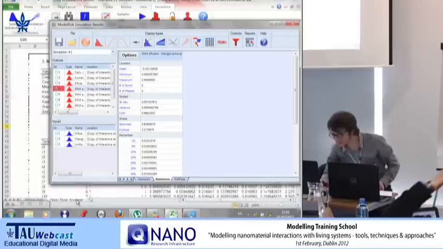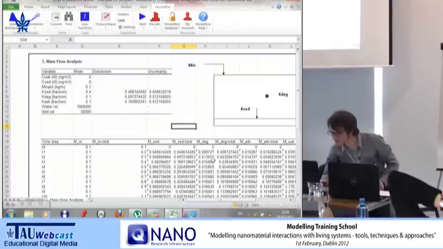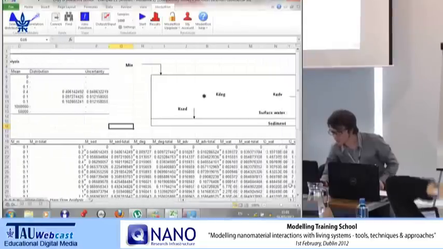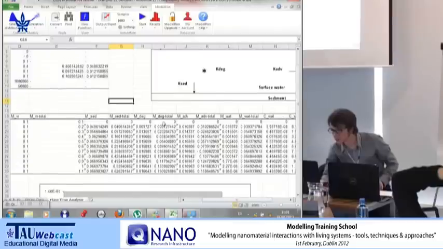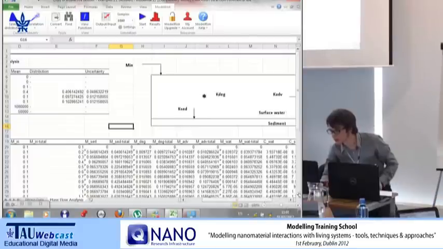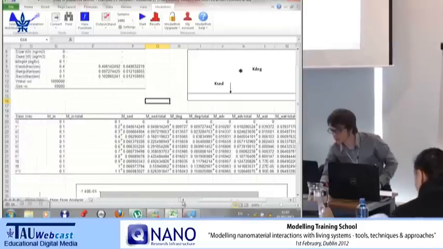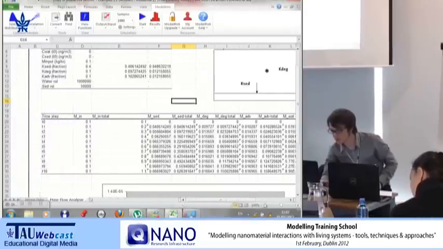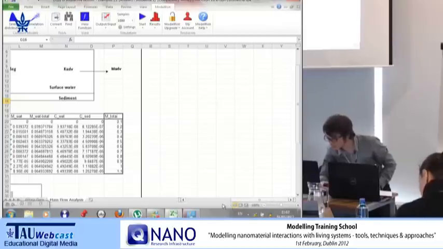Quickly, again, we have here a larger model, which I go through 10 time steps. We look at all these different elements: sedimentation, degradation, advection, input, output. And I go through 10 time steps in first order relations here.